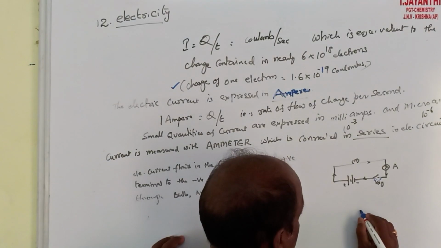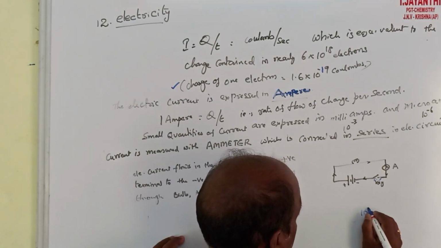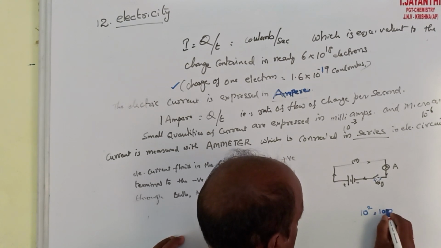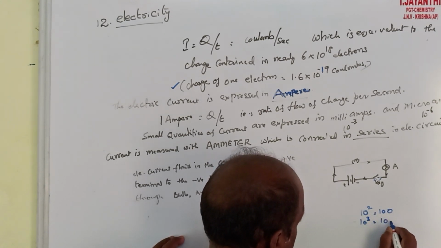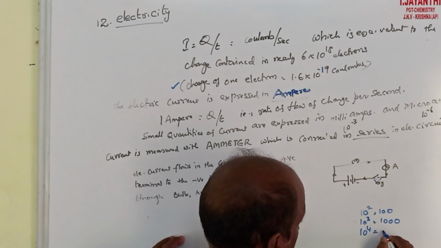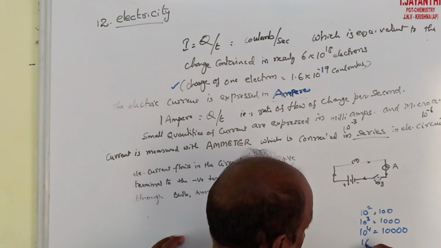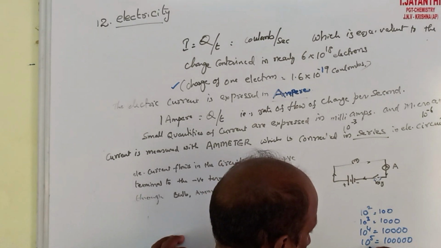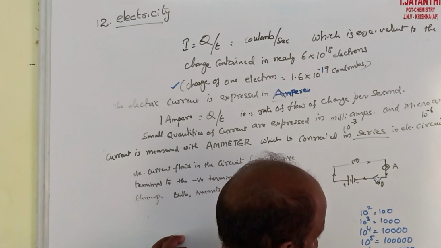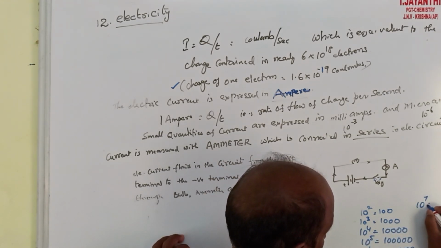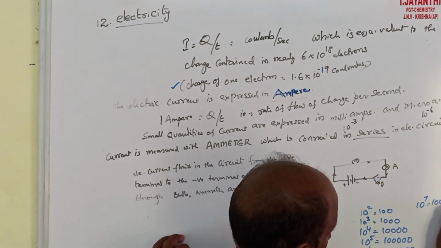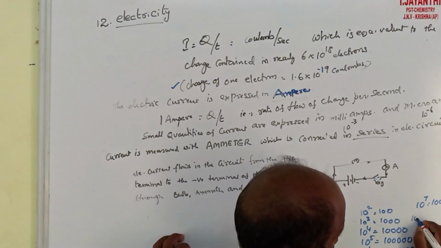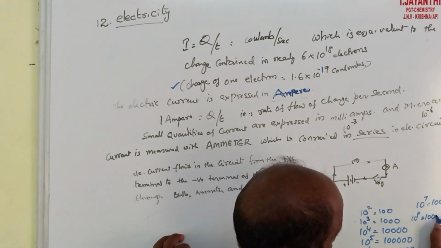For example, 10 power 2 is equal to 100. 10 power 3 is equal to 1000. 10 power 4 is equal to 10,000. 10 power 5 is equal to 1 lakh. 10 power 6 is equal to 6 zeros after 1. 10 power 7 is equal to 7 zeros after 1. 10 power 8 is equal to 8 zeros after 1.